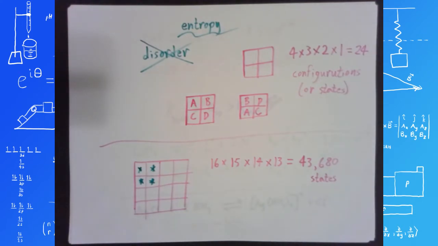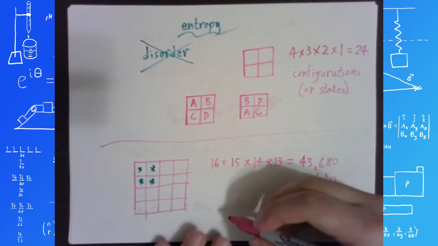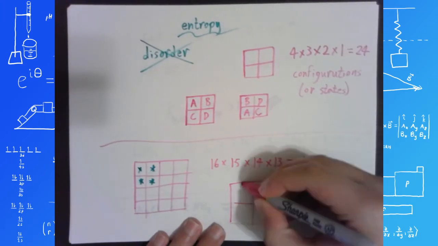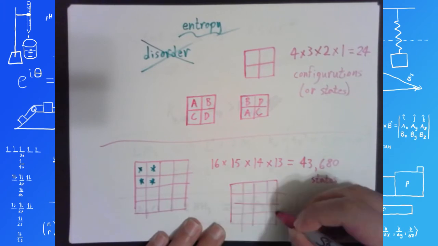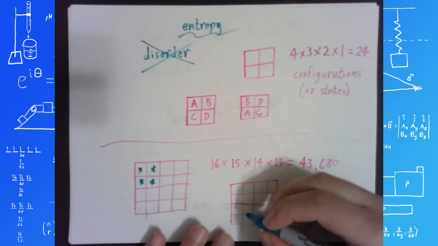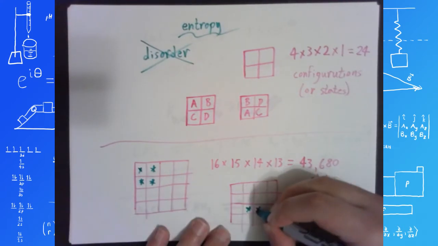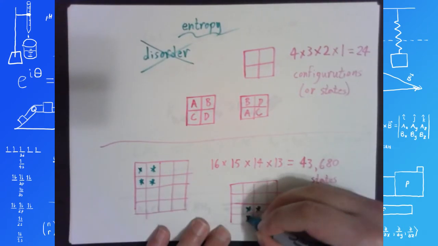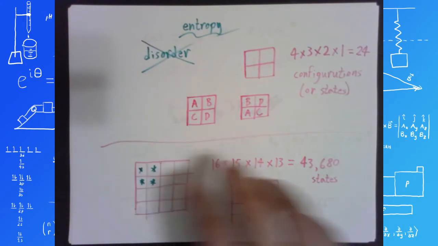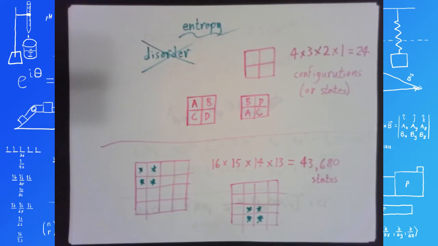Or maybe states that look like this. Any and all states in which the four particles are still clustered in the same 2x2 space within this 4x4 grid. How many of those kinds of states exist?